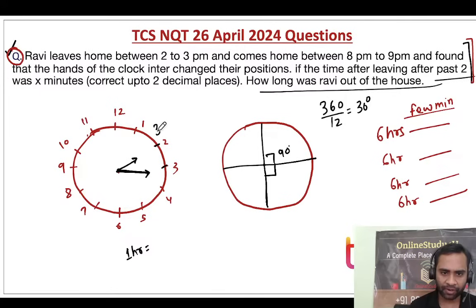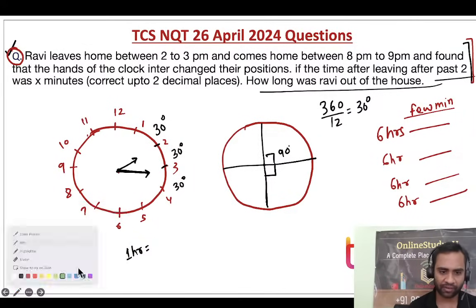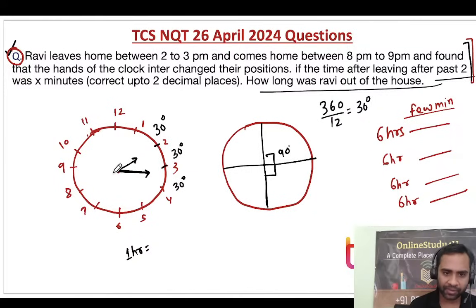That means in 1 hour, your hour hand will move 30 degree, right? Agreed? Okay. So 2 to 8, that means in 6 hours your hour hand will come here. So your hour hand will go directly opposite to that. It will move by 180 degree, right? So basically this angle will be nothing but 180 degree.